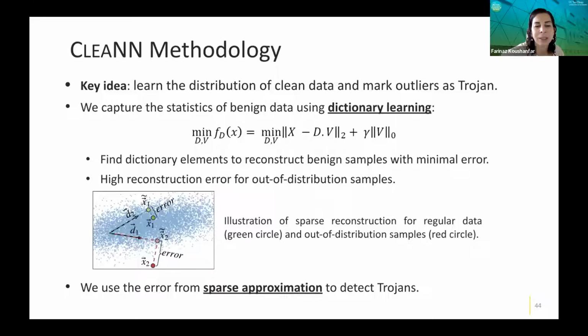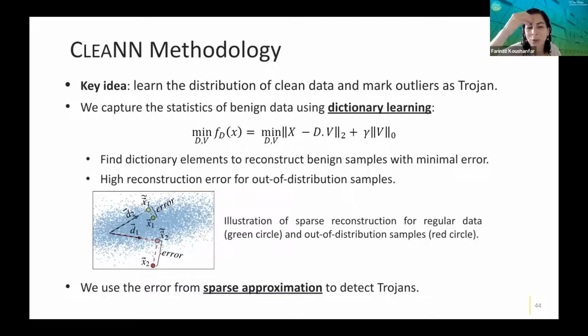So basically, the error from the sparse approximation is used for detecting the Trojan. As I mentioned, the model is running on the data, and a dictionary learning is done in parallel.